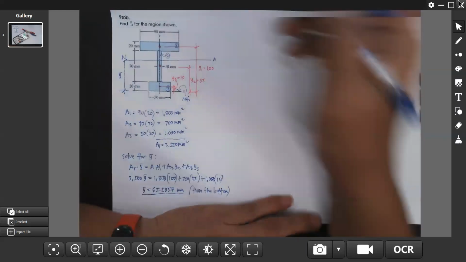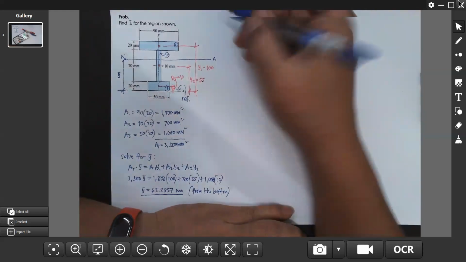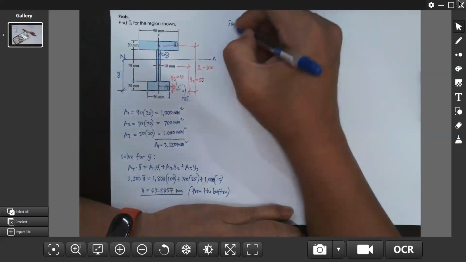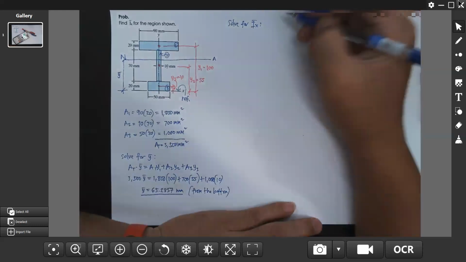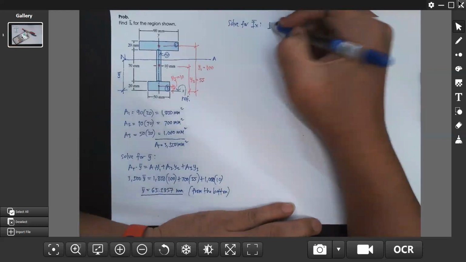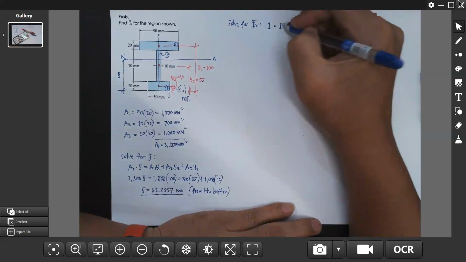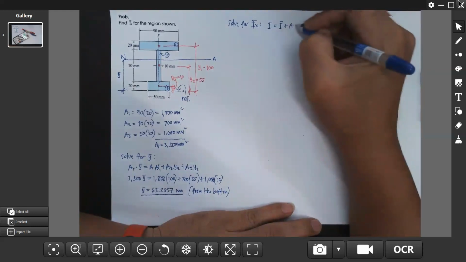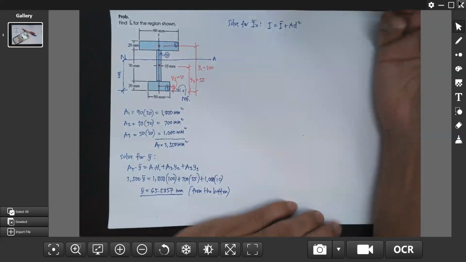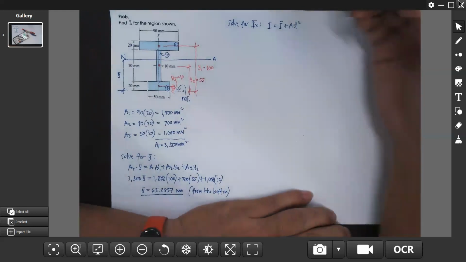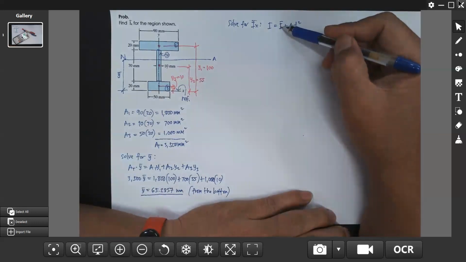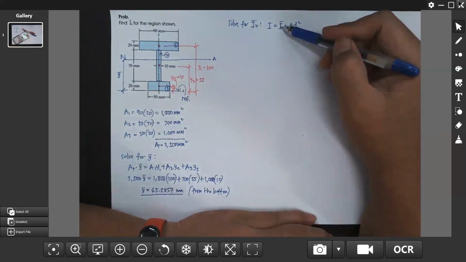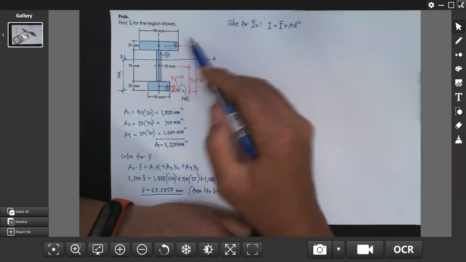Let us now solve for Ix bar. We will use the parallel axis theorem: I bar plus area times d squared. This I bar is the centroidal moment of inertia of any element, because each element has its own centroid.